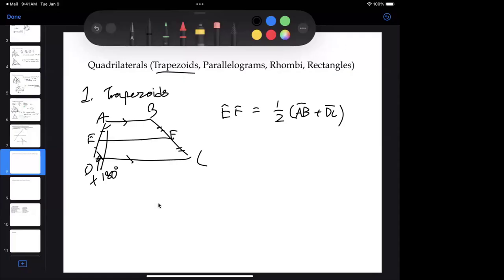And this you can prove if you just drop the altitudes. And if AD is equal to BC, then the trapezoid is isosceles, and then you have a bunch more equal angles. So this angle will be equal to this angle.